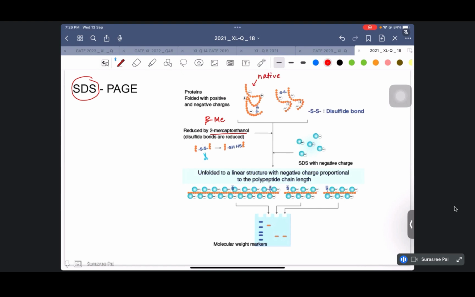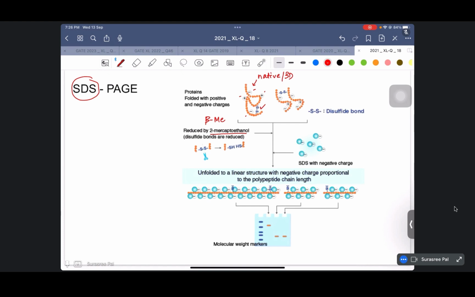Suppose we have purified a protein and the protein remains in its native or three-dimensional state, which is a folded form of the protein, where there can be disulfide bonds, and there can be positive, negative, different kinds of charges on the proteins depending on the amino acid residues, right? And so they are folded proteins.